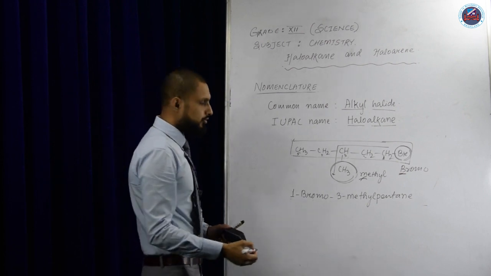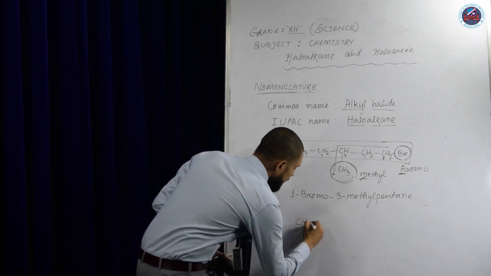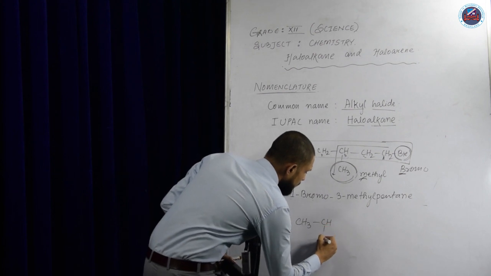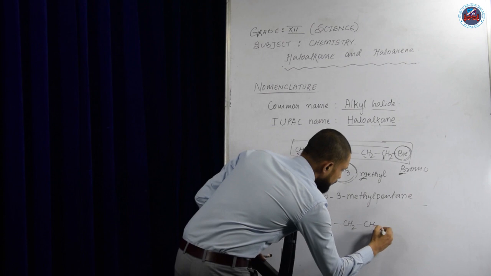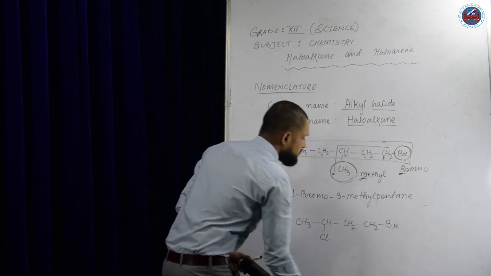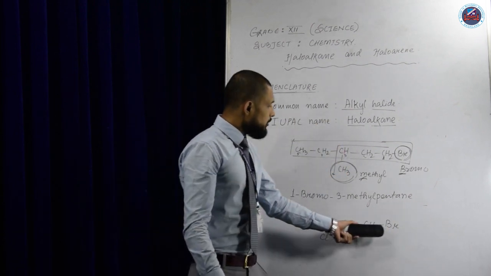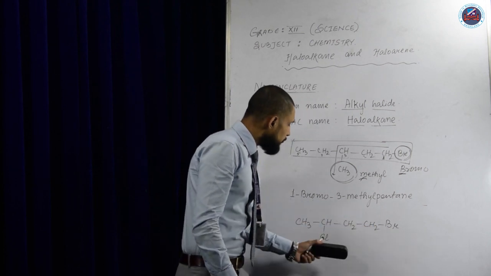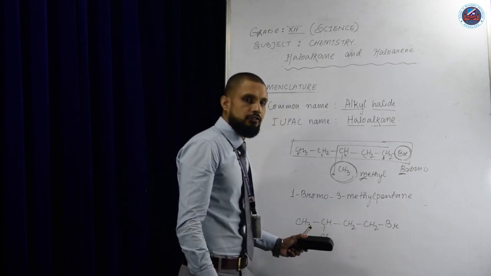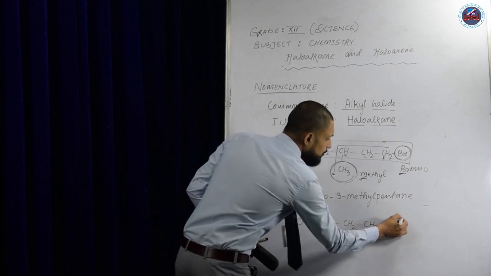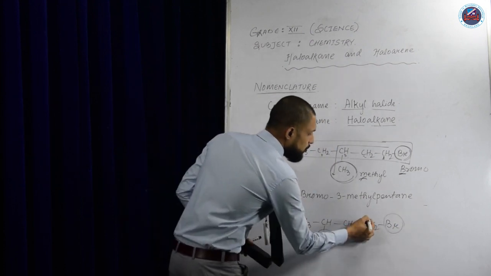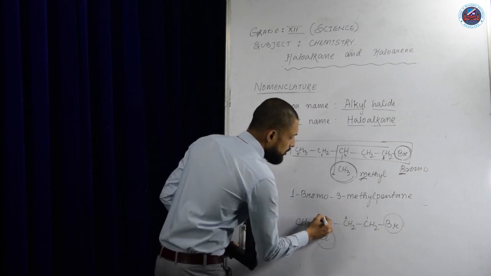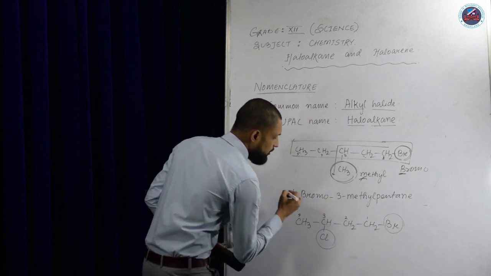Let us see the next example. CH3, CH, Cl, CH2, CH2, Br. Now in this compound, you can see we have 2 different types of halogen atoms, that is Br and Cl. So this will be carbon 1, carbon 2, carbon 3, and carbon 4.